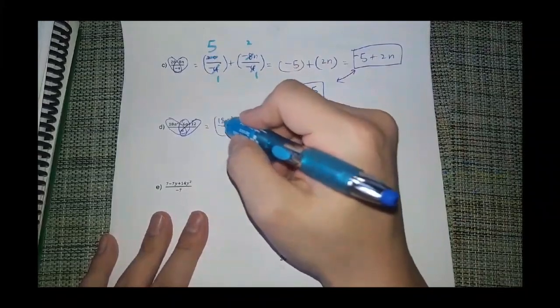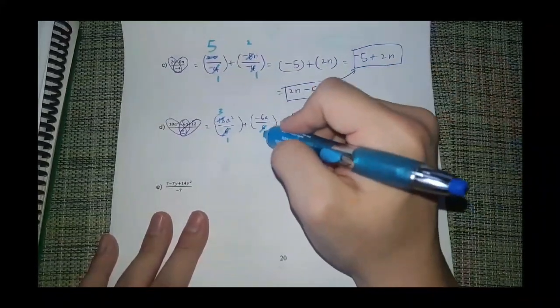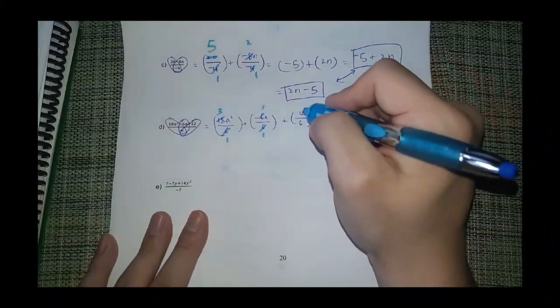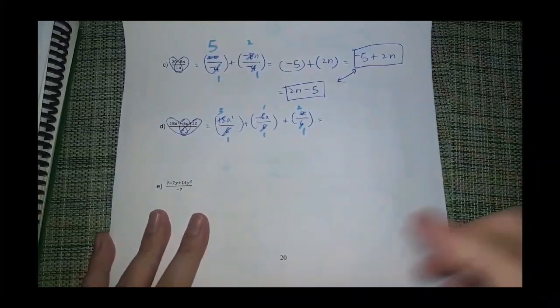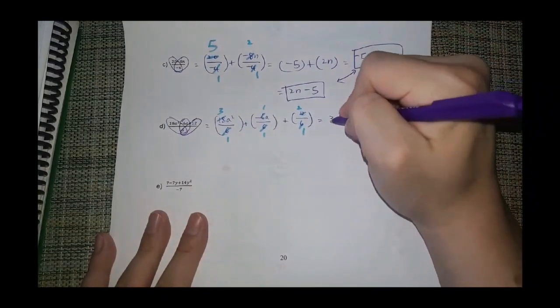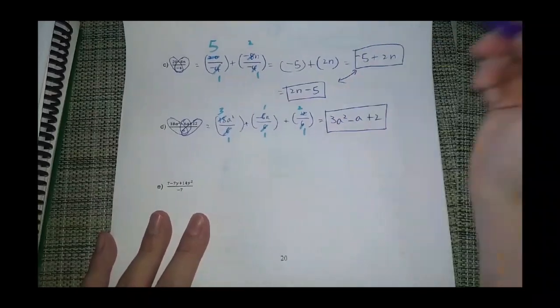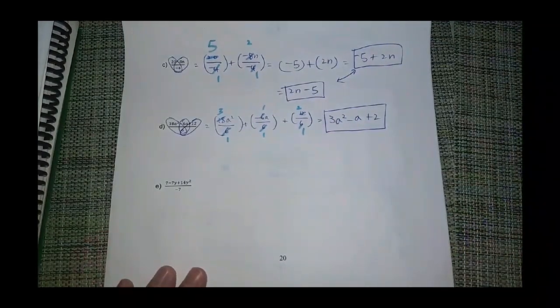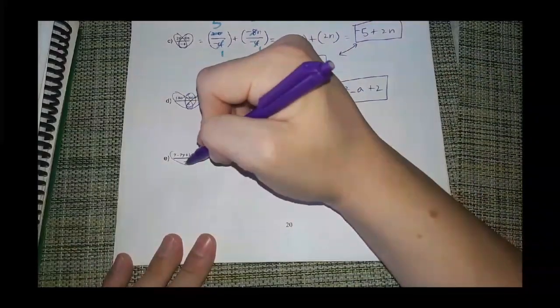Yes, we can. 18 and 6 are divisible by 6. Same thing for the second term. Similarly, the third term. So 3a squared minus a plus 2 is basically what I have. We don't need to rearrange the whole thing. It's already rearranged.